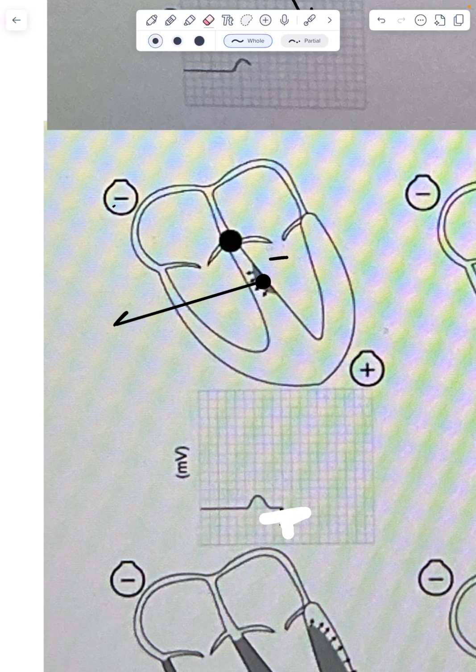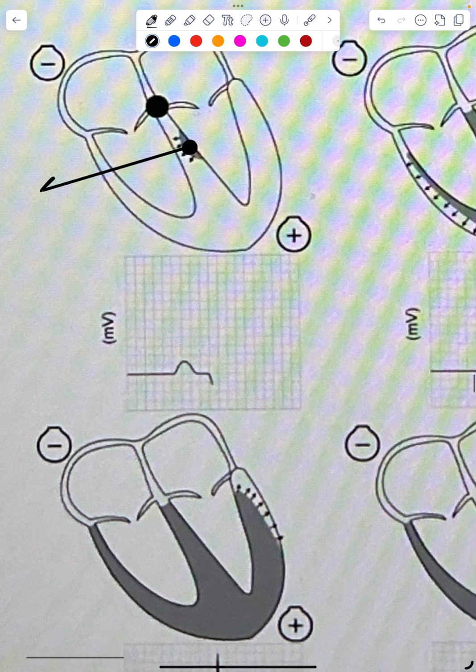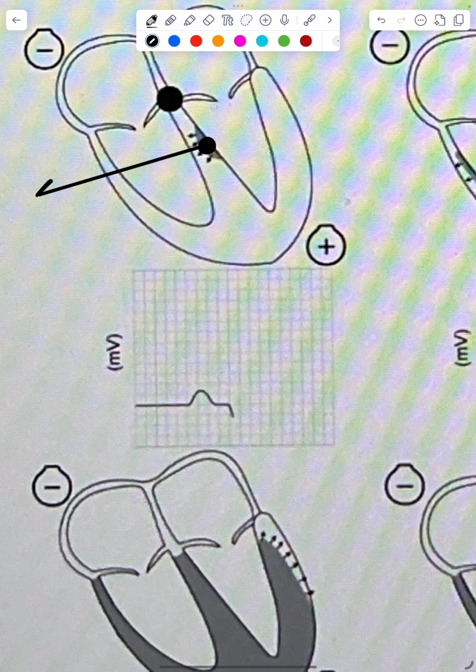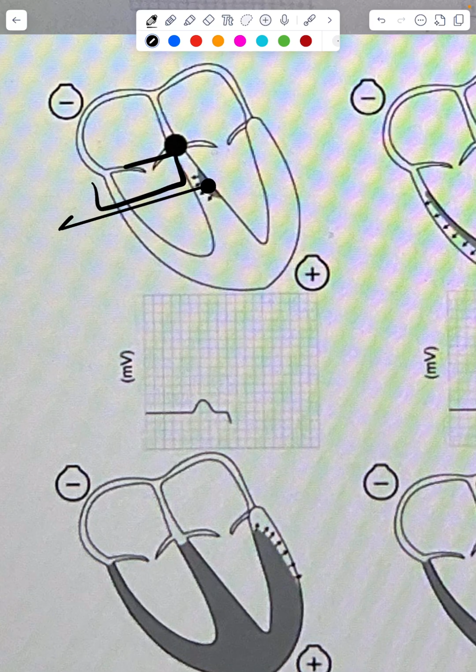Downwards this way. But you can see the vector is not super close to this electrode, and so the magnitude's not going to be super great. It's just a little tick down. So that's what happens here. The cell is going, and I'll draw this one out, and then I'll change it up for the next ones here.